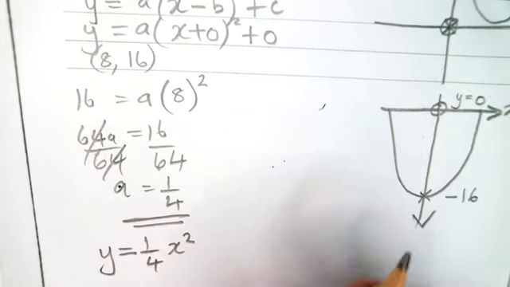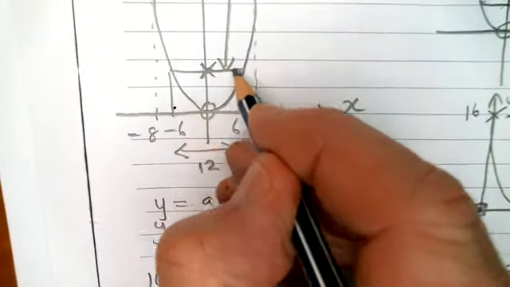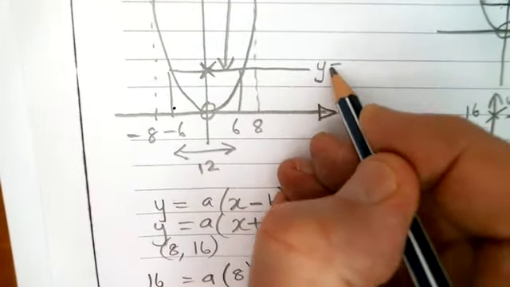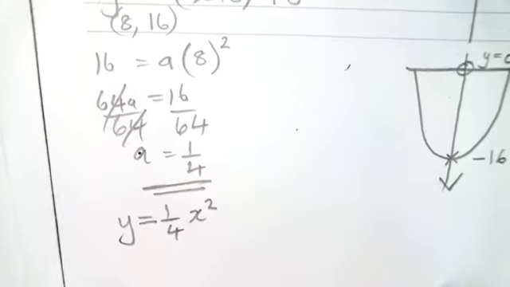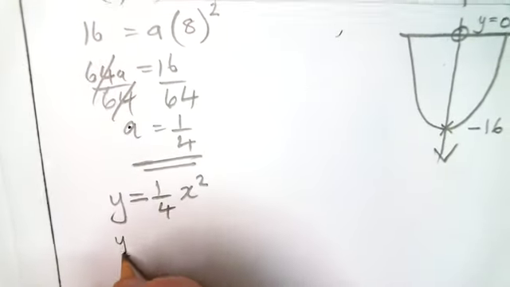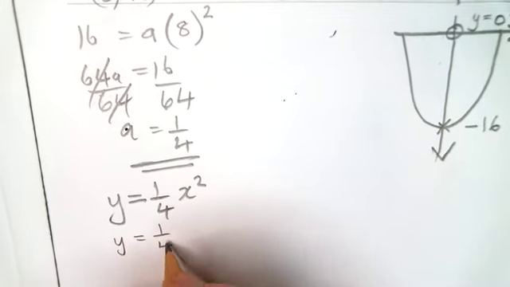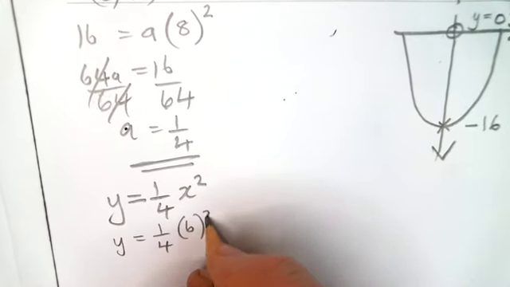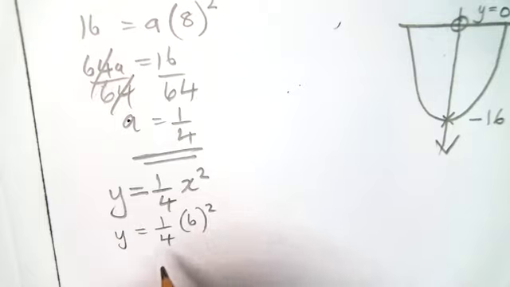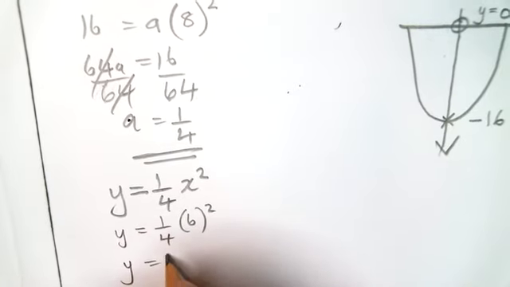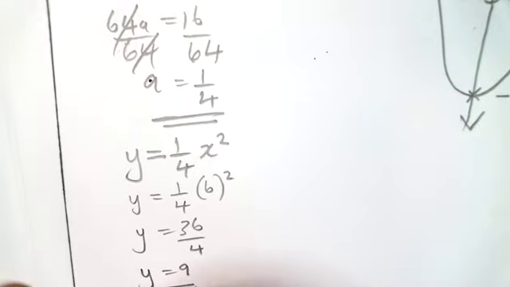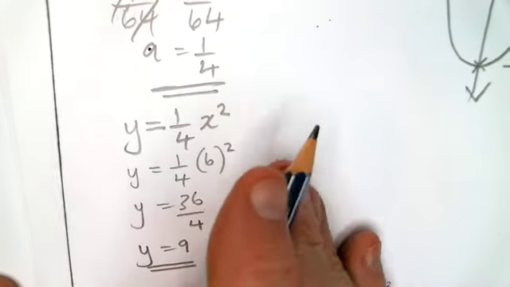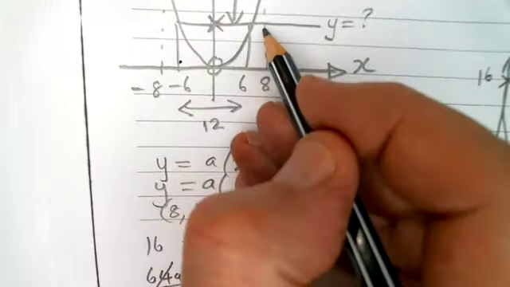And of course, what we're wanting to find is y, how far up this is here. We want the y value when x is 6. So let's try that. The y when x is 6 is 1/4 times 6 squared. 6 squared is 36, so y equals 36 on 4, so y would equal 9. Of course, that's not the depth. That just happens to be the coordinate here.